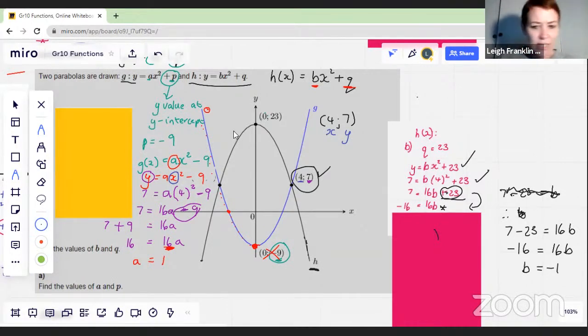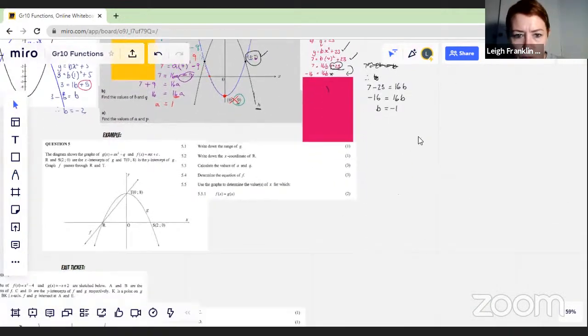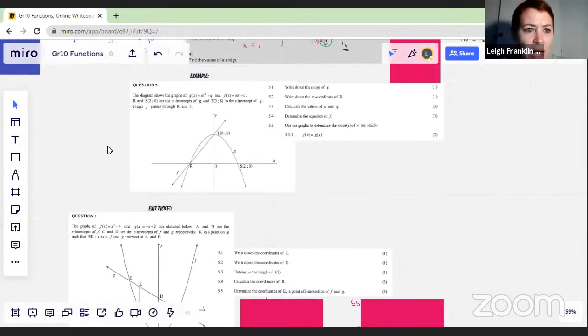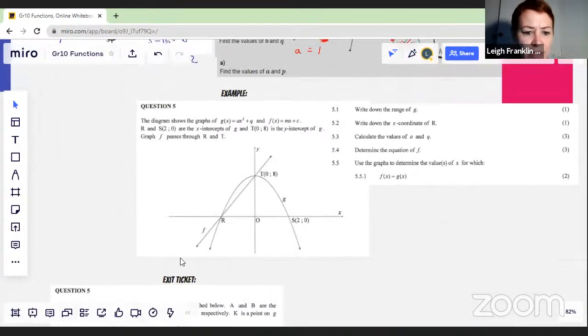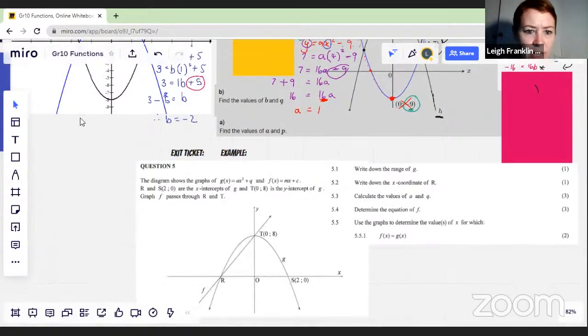Okay, so now what I'd like to do is give you an opportunity to have a look at an exam type question. I'm hoping everything is okay with that. What I'm going to do is move the board up. Let me just do this and then I'll make it bigger again. Judging by our time, this might also have to be our exit ticket, but we'll just play it by ear and see how things go.